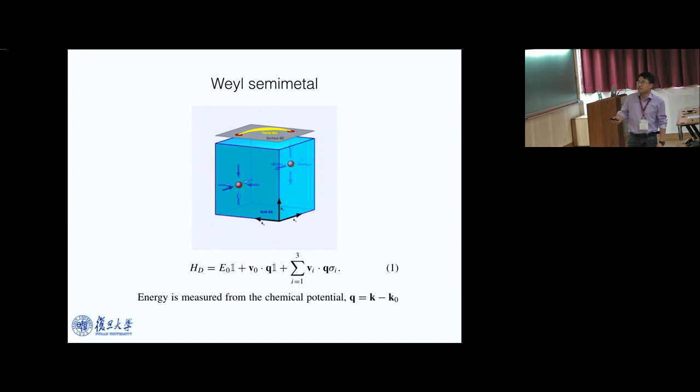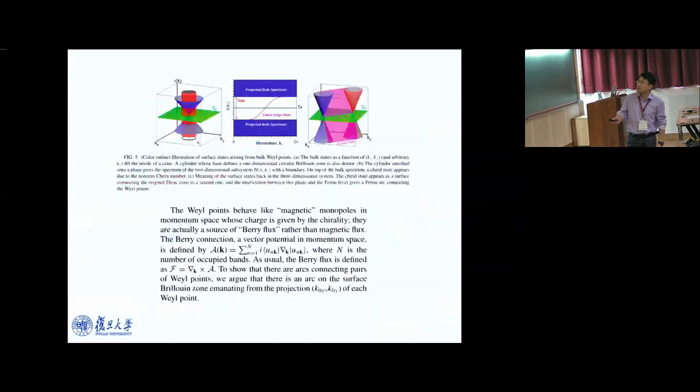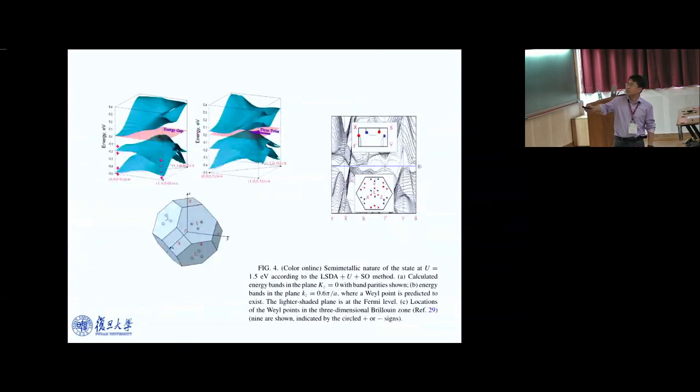If you linearize the equation, there is an example of this. This is the band structure, with kx, ky, and energy, and the conduction band and the valence band touch at a particular point in momentum space. This point is called a Weyl point.